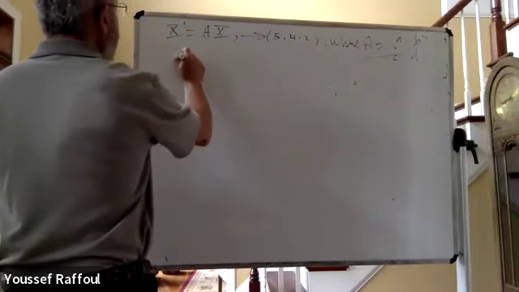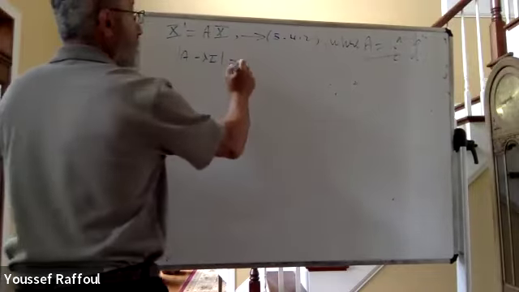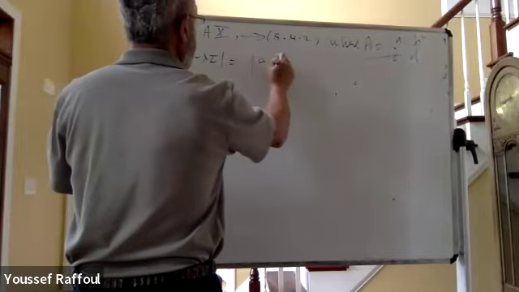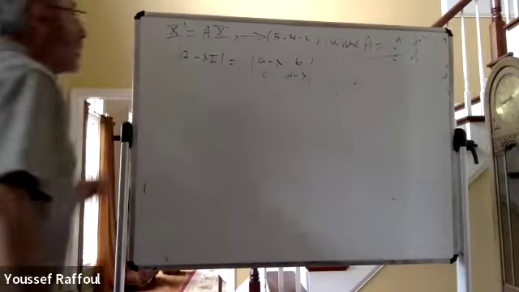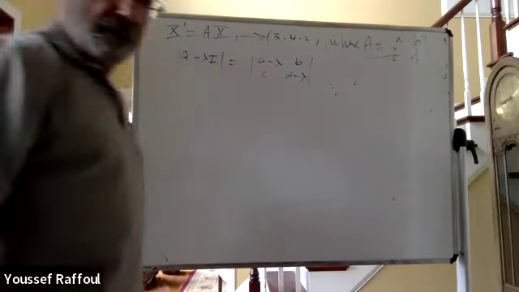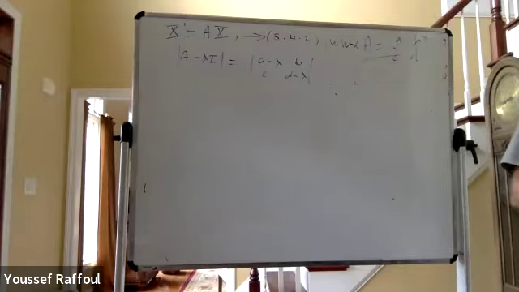So if I look at A minus lambda I, that will be a minus lambda, b, c, d minus lambda. To characterize the solution, we need to compute the quadratic characteristic polynomial.